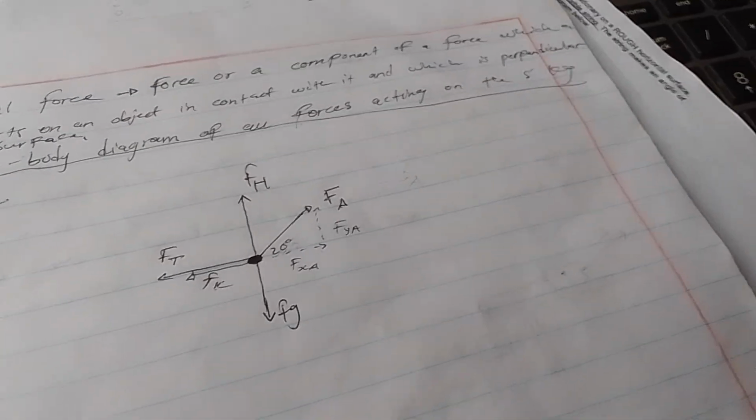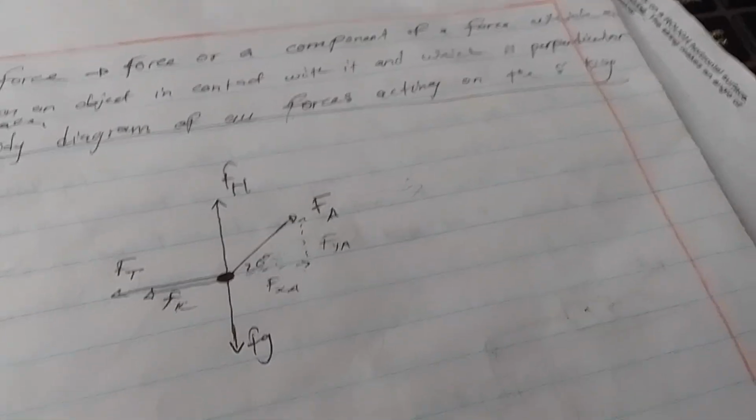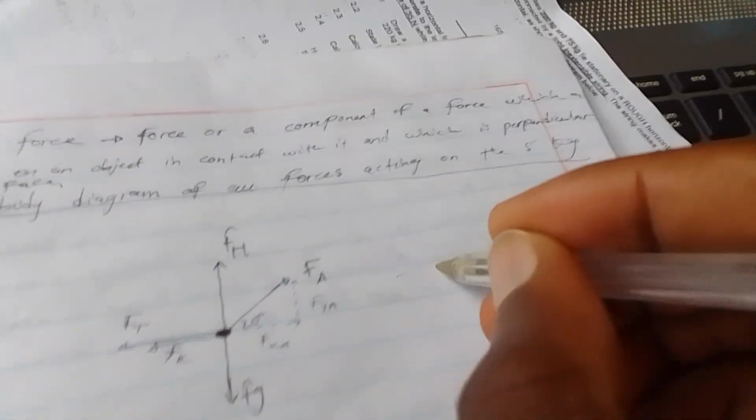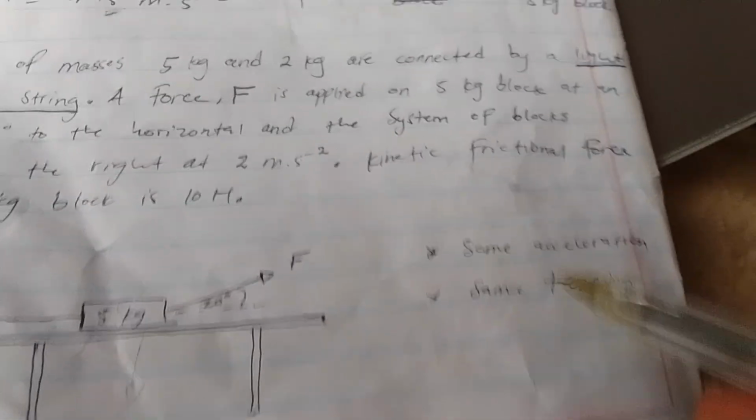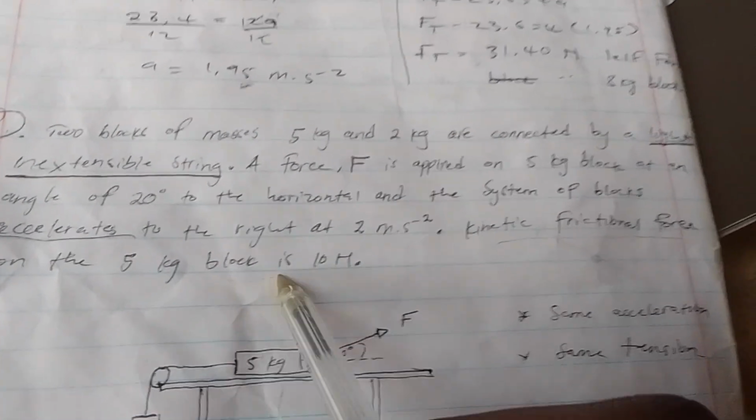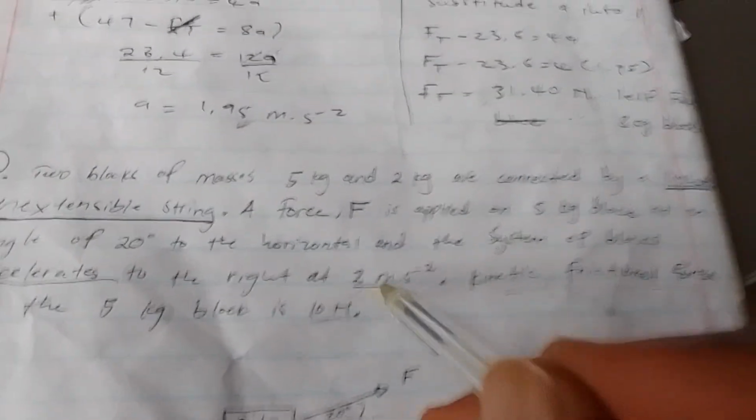So the overall direction is to the right. And don't forget, we have the kinetic frictional force. It was given in our statement. The kinetic frictional force on our 5 kg block is 10 newtons, and the acceleration is given, which is 2.